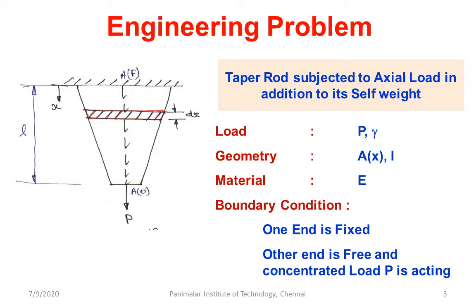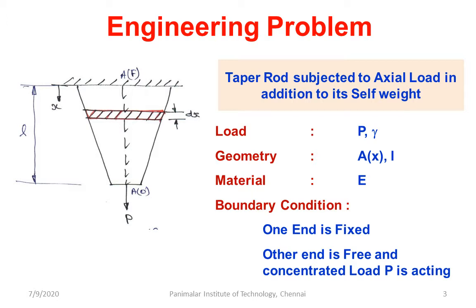To explain the engineering problem, here I am considering a taper rod which is subjected to an axial load at the free end, and we are going to consider the self weight of the taper rod also. It is the same example we discussed in the first part of the lecture.